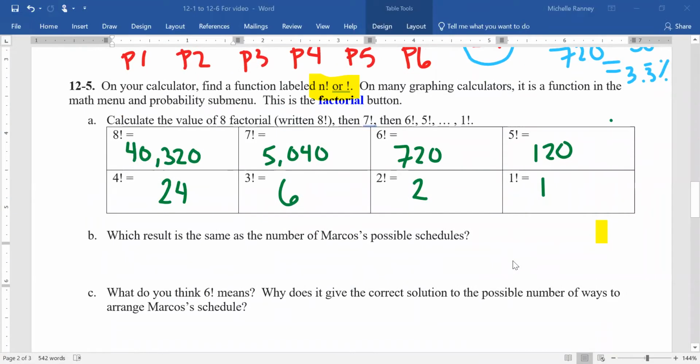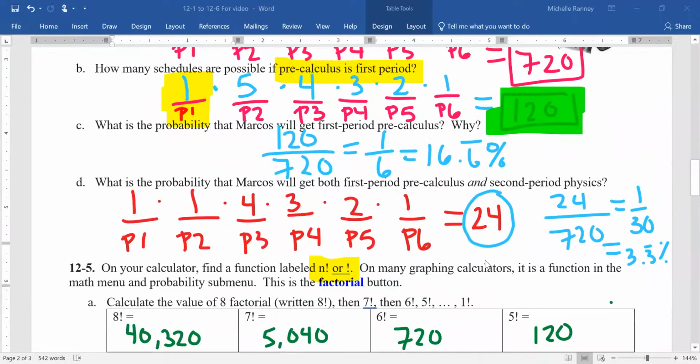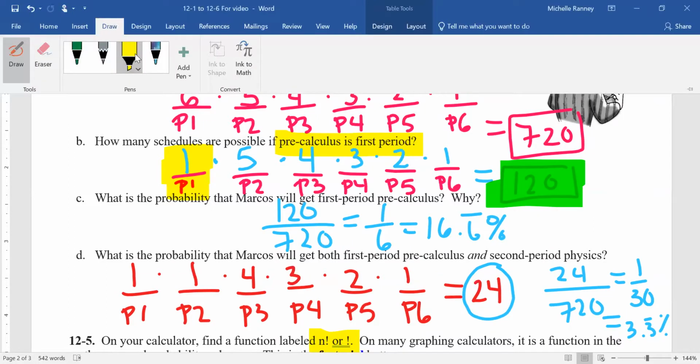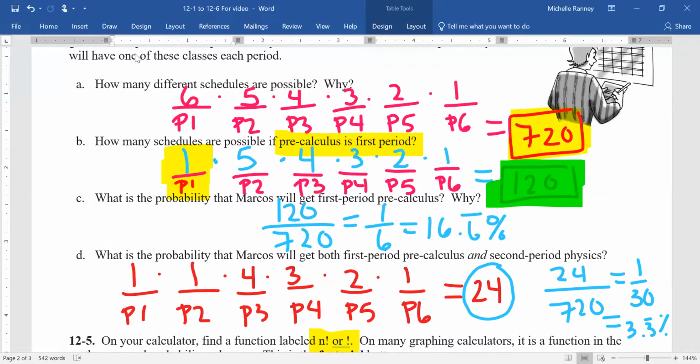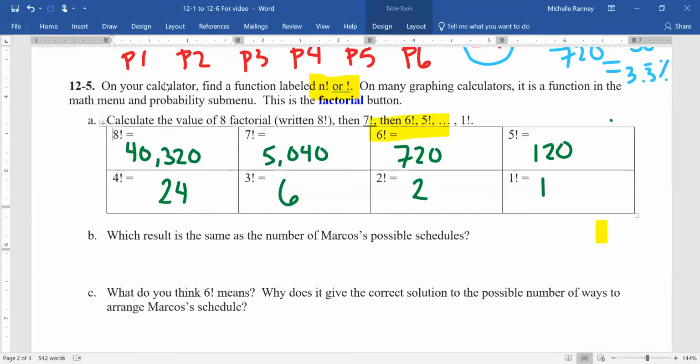Now it asks which result is the same as the number of Marcus's possible schedules. So remember, his possible schedules were 720. So he had 720 possible schedules. So down here, that one is going to be the same as this one right here, 6 factorial. So now they're asking us, what do you think 6 factorial means?